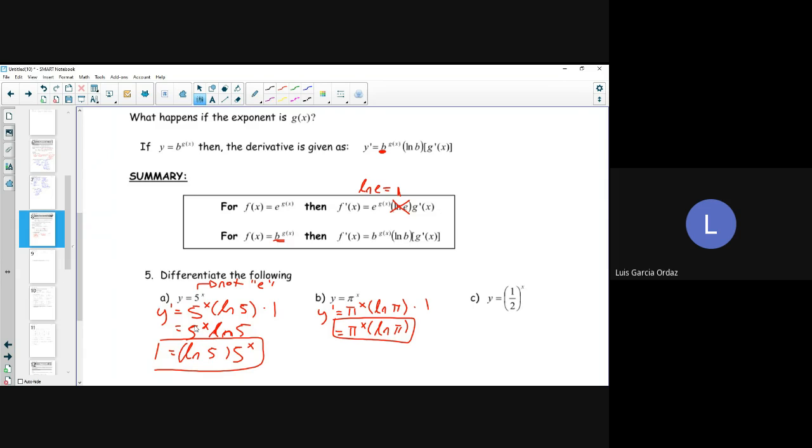And then my last one is y equal to 1 over 2 to the x. My derivative is equal to 1 over 2 to the x times ln of 1 over 2 times my exponent's derivative, which is 1.